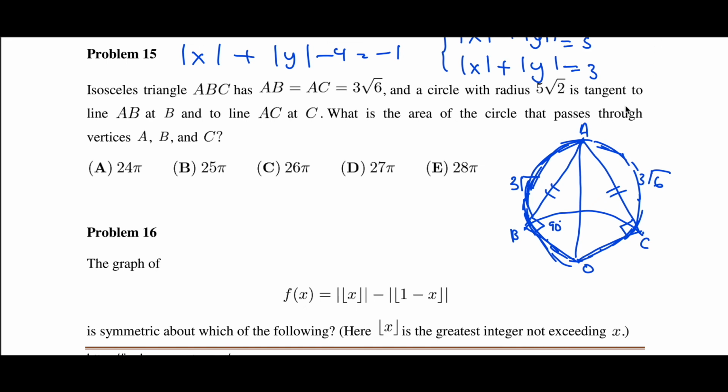It's not a perfect circle. To figure out the area of this new circle, we need to know the length of AO. So let's use the Pythagorean theorem.